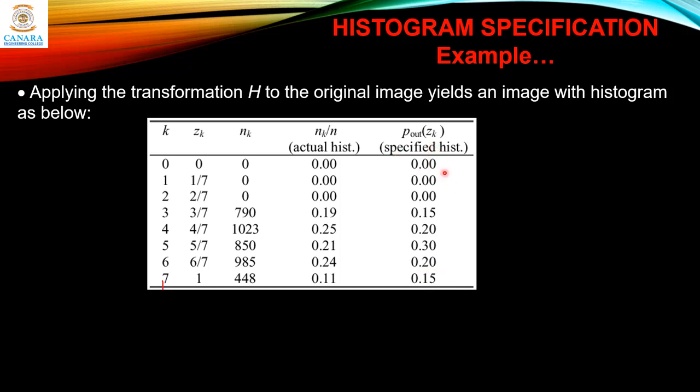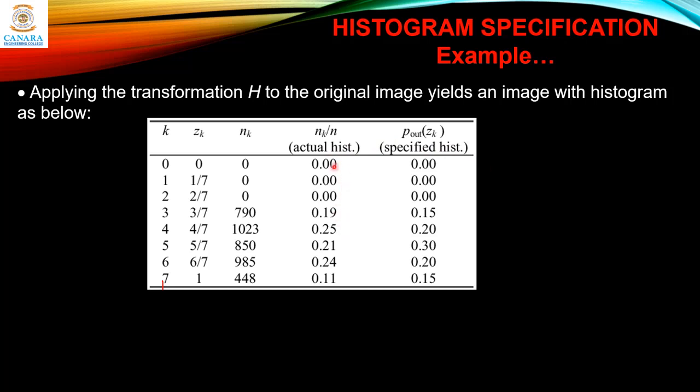We had zero representation for the 0, 1, 2 levels, and we had representation for the 3, 4, 5, 6, 7 levels, with more representation for 5. And this is the actual histogram we obtained after we performed equalization on the given image.